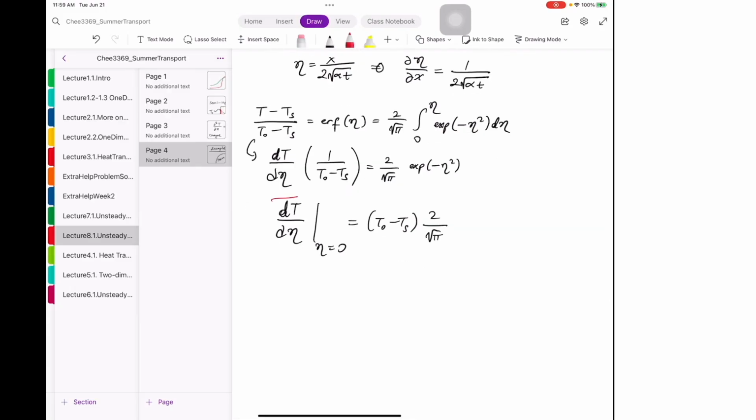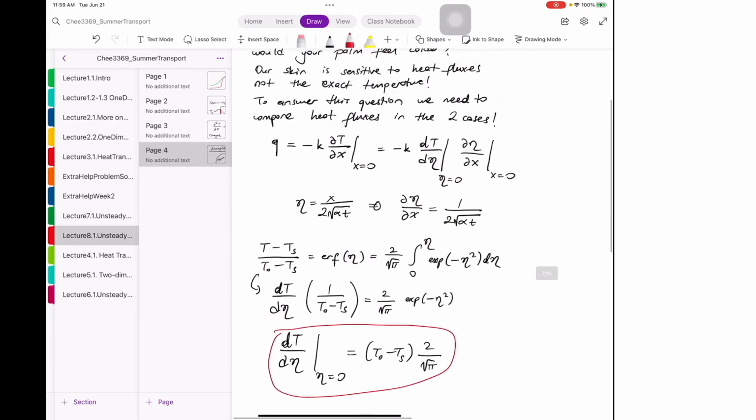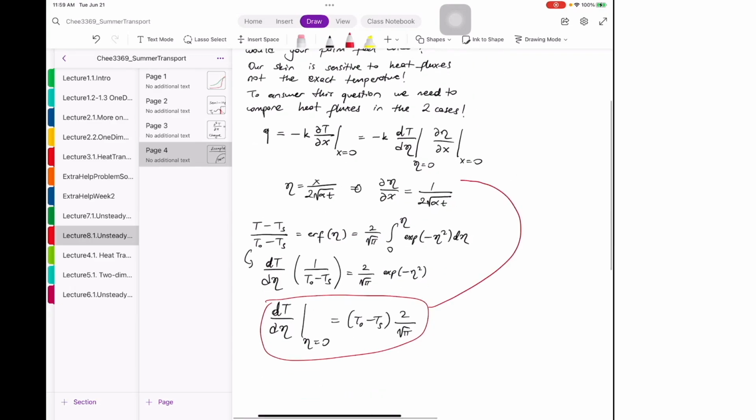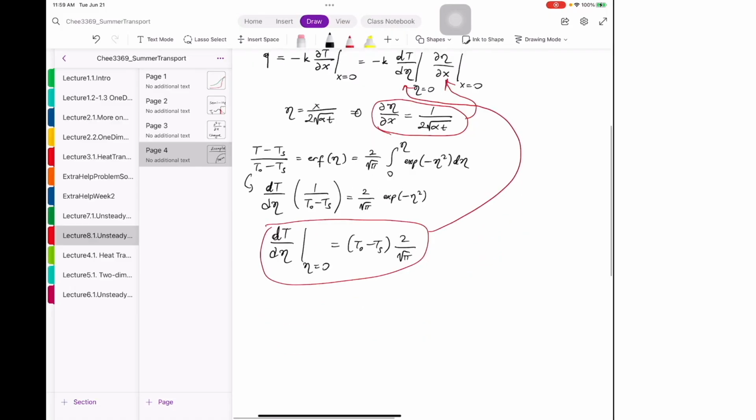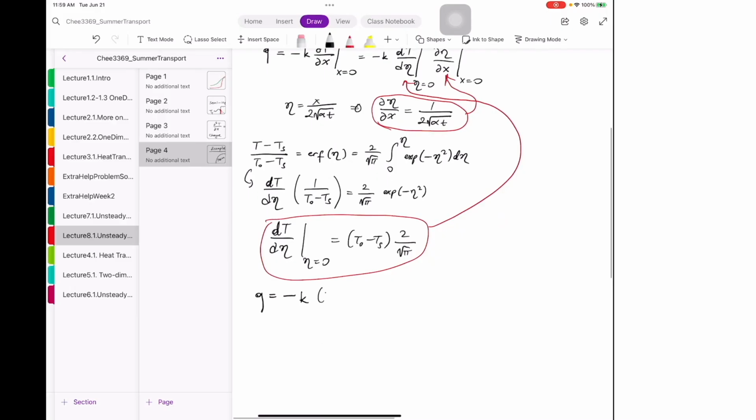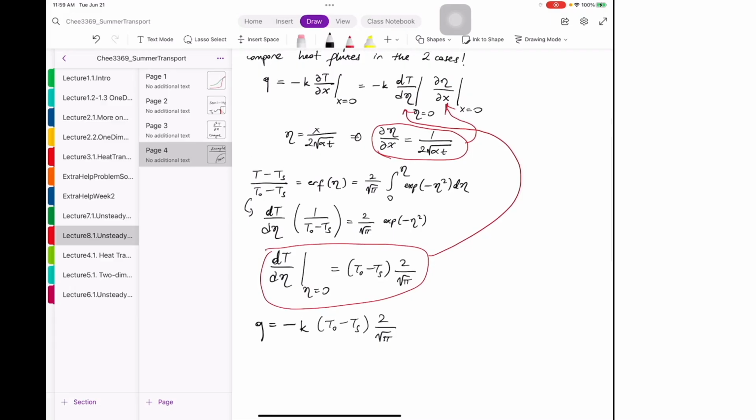And then you plug in this thing here, and you plug in this thing here, to get q equal to minus k times T0 minus Ts times 2 over square root of pi times 1 over 2 square root of alpha t.